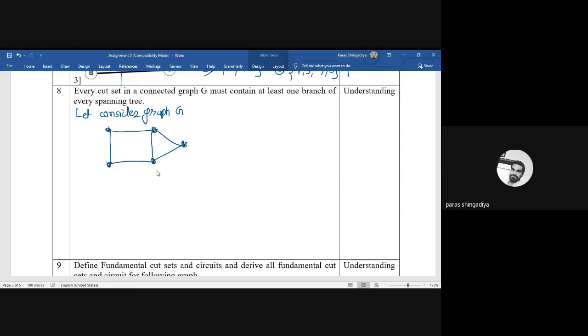And mention the notation that is A, B, C, D, E. And let us mention the edge notation that is 1, 2, 3, 4, 5, 6, and 7. Okay, 7 edges are there with 5 vertices. Now create its spanning tree.